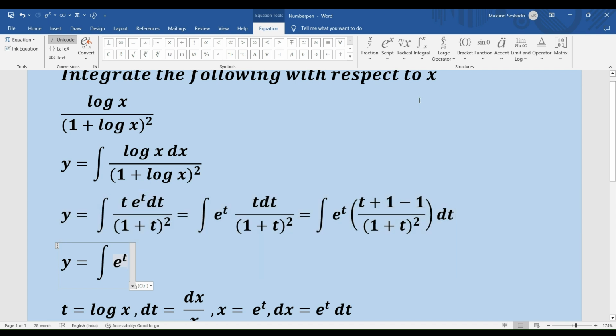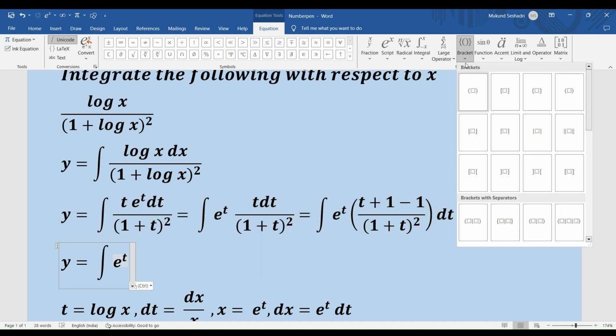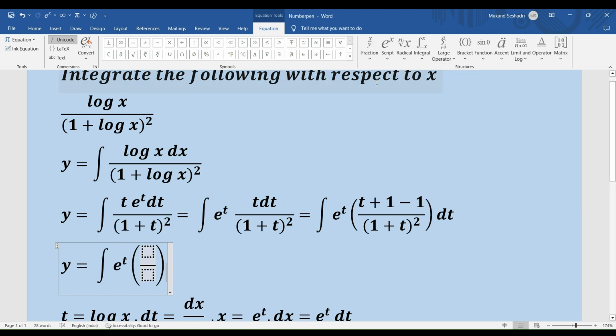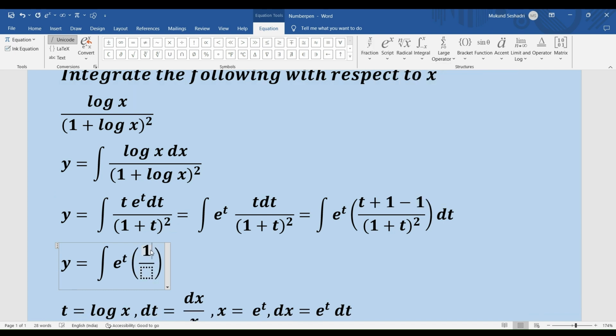So when I decompose this, what do I get? My first expression, I do a t plus 1 divided by 1 plus t the whole square. And what I get is a 1 by 1 plus t, right? I hope you folks are with me. And then I move to the second part. I have a minus 1 divided by 1 plus t the whole square.